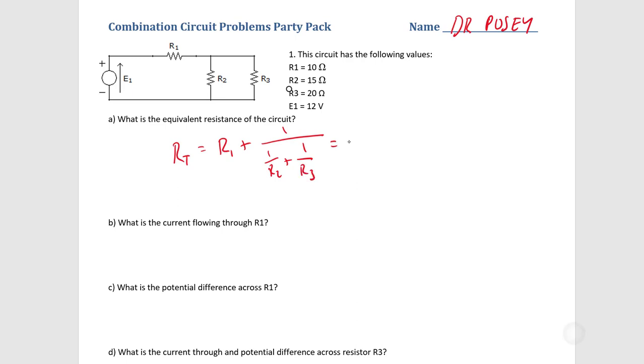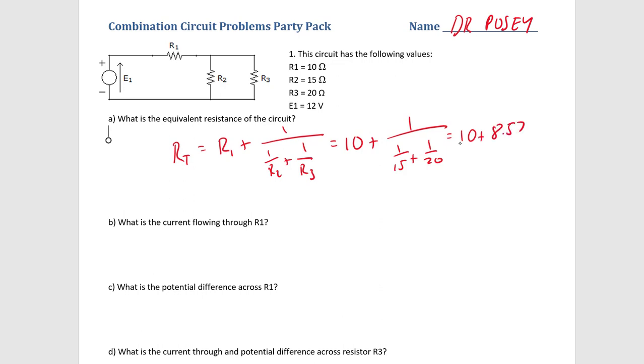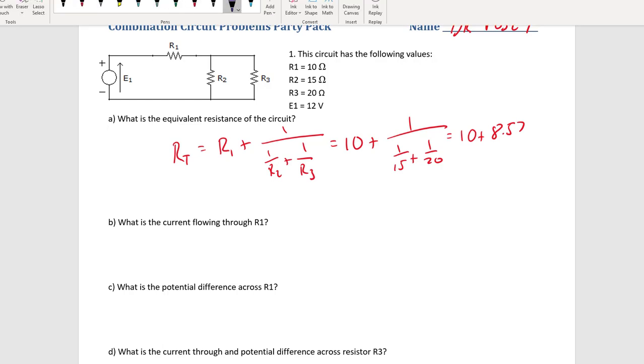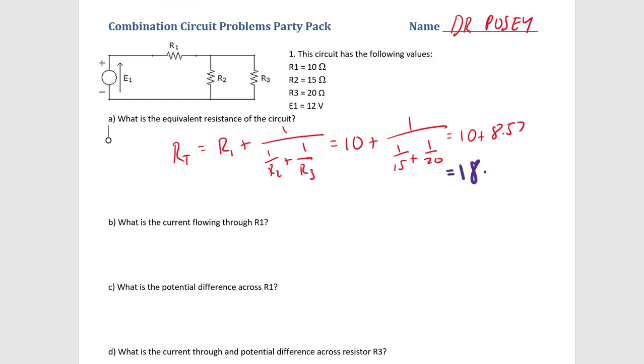If you put the values in, you should get 10 ohms plus 8.57, so your final answer should be 18.6 ohms.